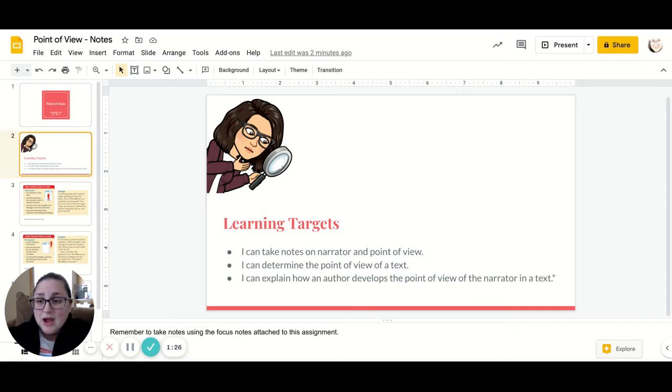So eventually what you're going to be able to do is read a text and then explain how the author has developed the point of view, how they have made the point of view obvious to you through the writing of their narrator within the text, whether that's a short story or an excerpt from a novel. But we will tackle that as we go along. Right now, we're just setting up the groundwork knowledge for you guys to be able to use going forward.